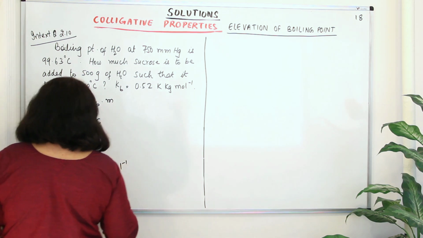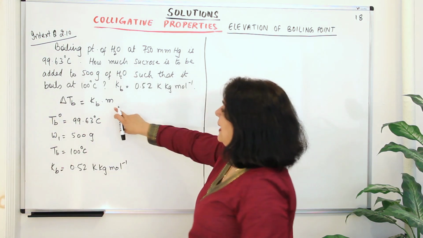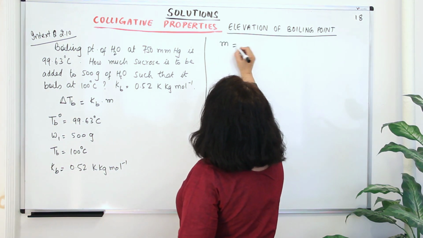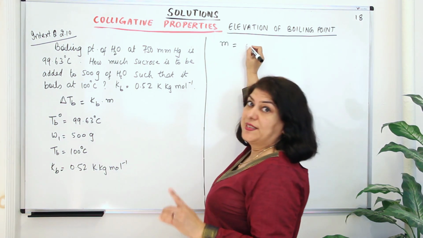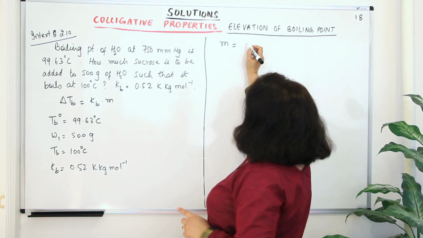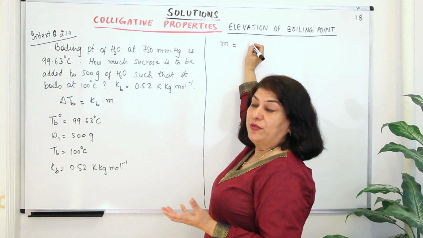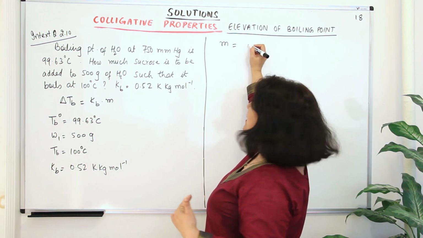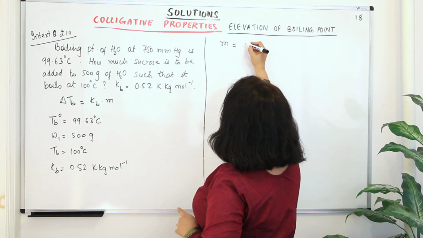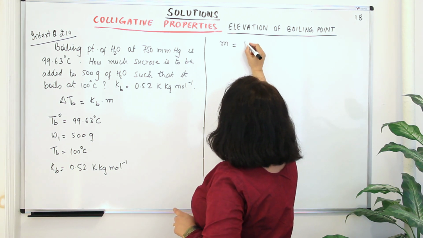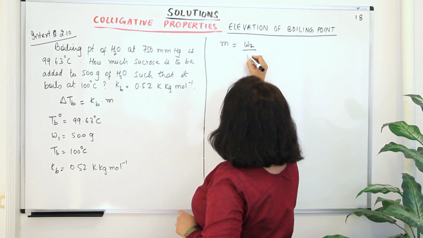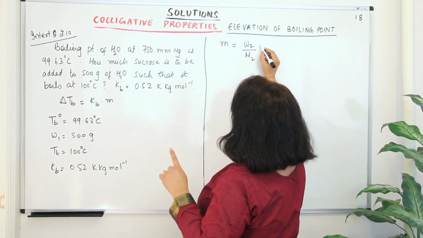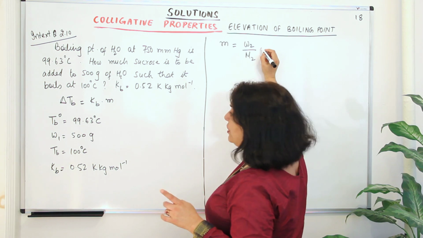Now, in order to calculate the molality, what are you supposed to do? We know that molality is the number of moles of the solute present in 1 kg of the solvent. So what's the formula for number of moles? Number of moles is the mass of the substance divided by molar mass. So the mass of the solute would be W2 and molar mass of solute would be M2, present in 1000 grams or 1 kg of the solvent.